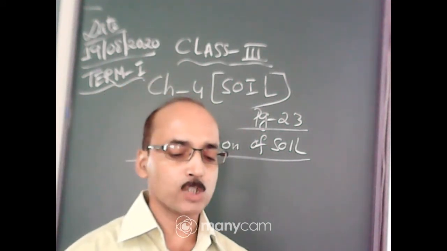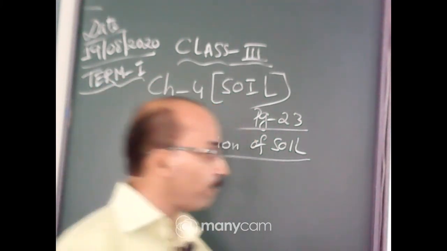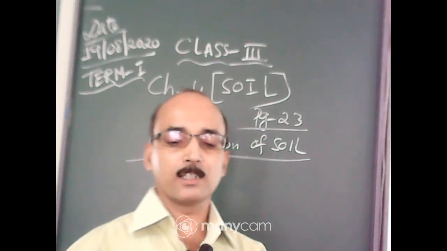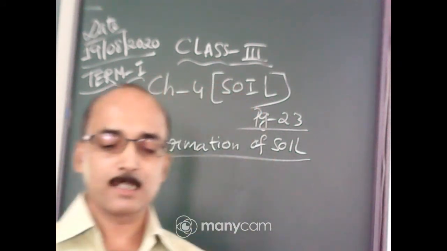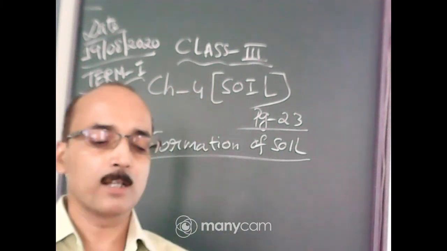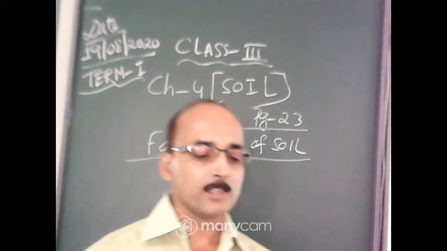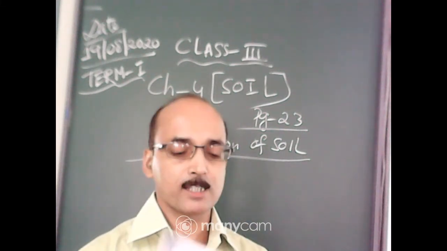Formation of soil is shown in the following pictures. Some pictures are there, they have represented the formation of soil. Let me explain this one. See picture number 1, the sun is shining and it is overhead. The rocks get afraid, see their face.